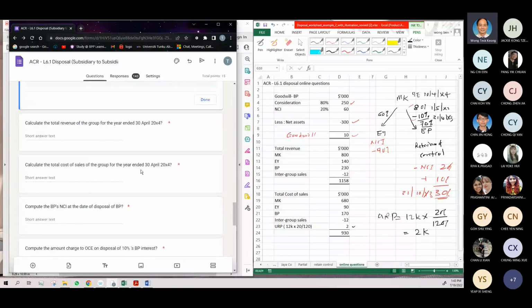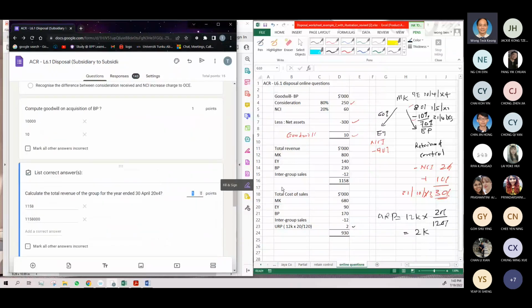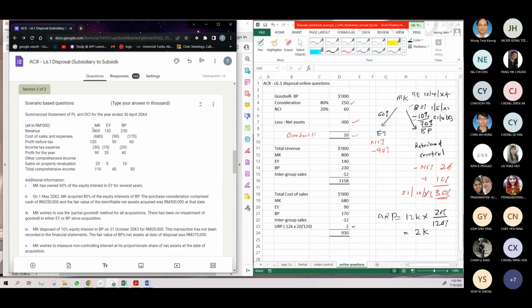Group revenue: you use MK 800, 140 for EY, and 140 from P&L for PP, 100% of each. Then you take out the intergroup sales, 12. This is 1158.